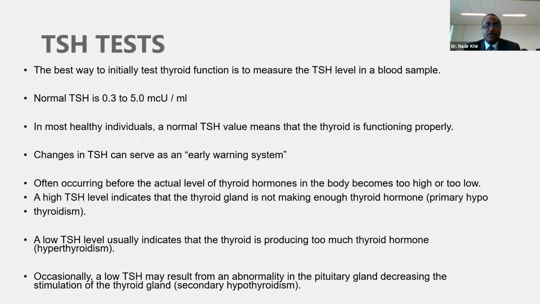Occasionally, as we said, a low TSH may result from abnormality in the pituitary gland, decreasing the stimulation of the thyroid gland, and this is secondary hypothyroidism, and that's maybe 1% or 2%. Usually there will be a history about a brain surgery, a pituitary disorder, Sheehan syndrome, something affecting the pituitary that will be clear from the picture.